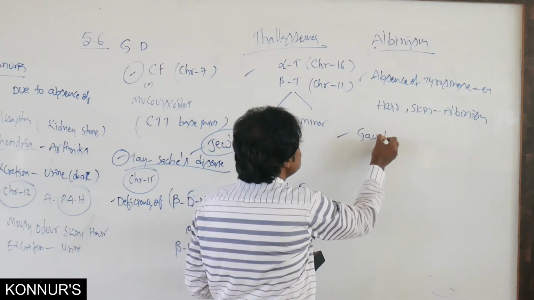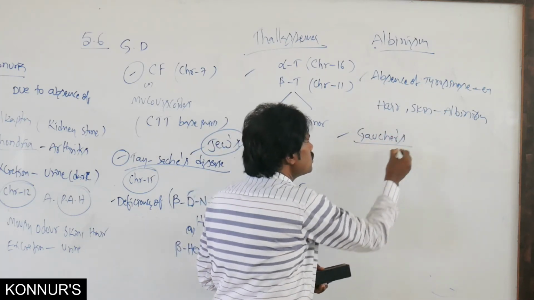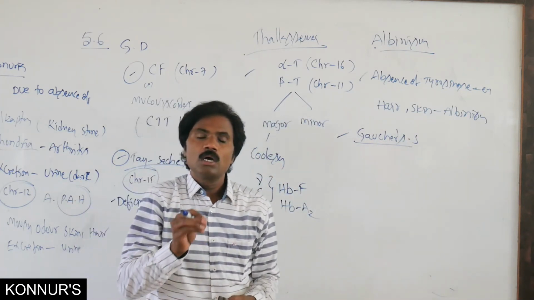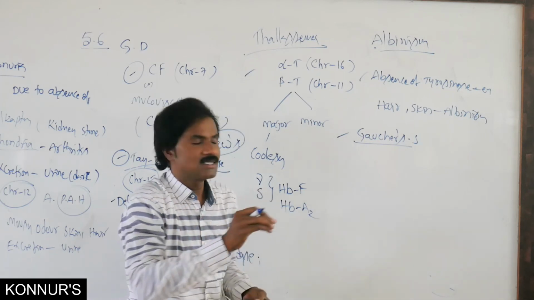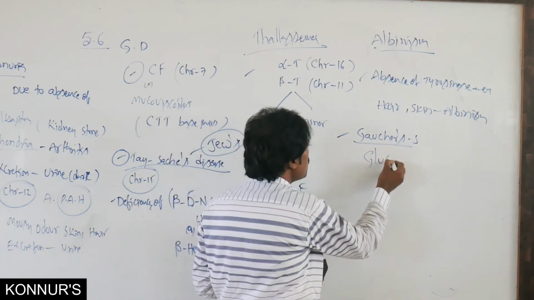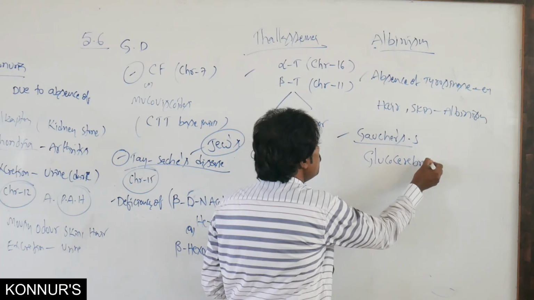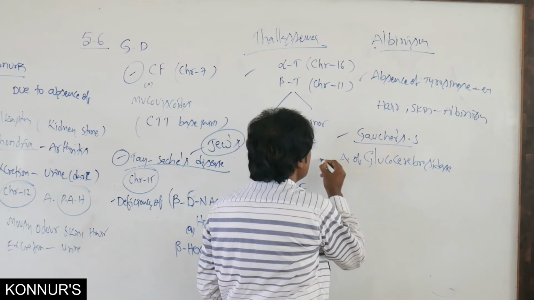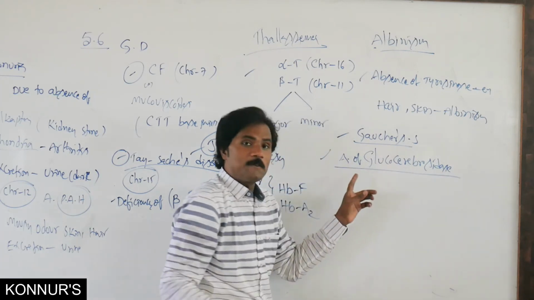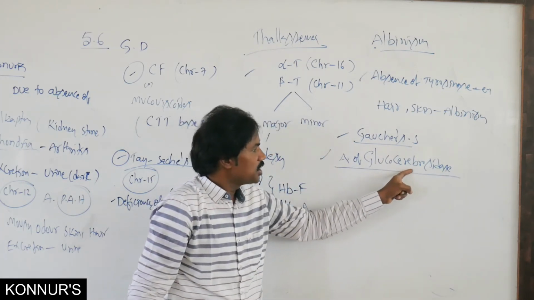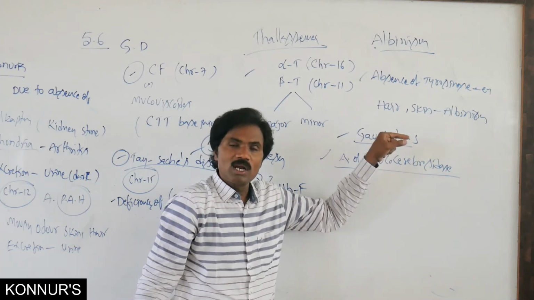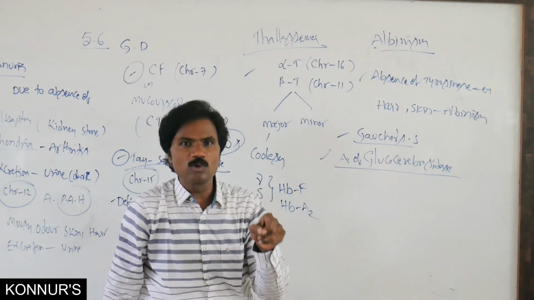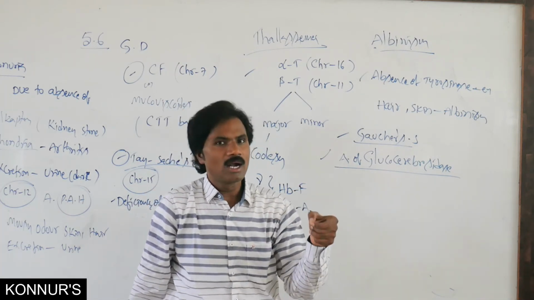Then Gaucher's syndrome. In Gaucher's syndrome there is absence of the glucocerebrosidase enzyme. Whenever this enzyme is absent, certain lipids accumulate in the brain as well as the spleen, bone marrow and liver.